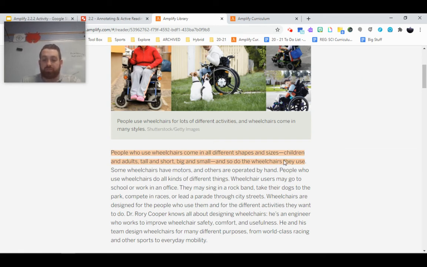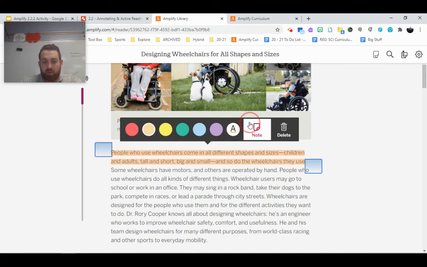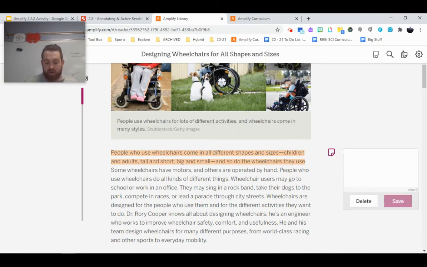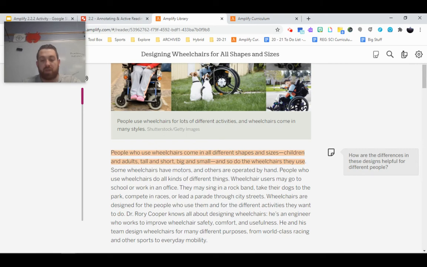So notice that my note here just got erased, but how are the differences in these designs helpful for different people? Boom. And save. I've now taken my question and I went a little deeper with it.